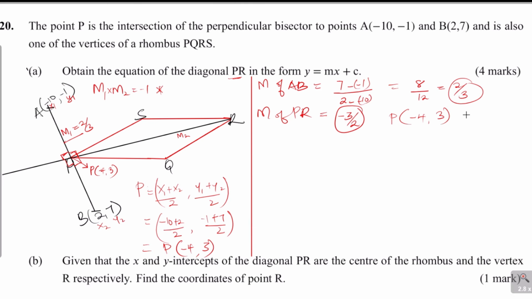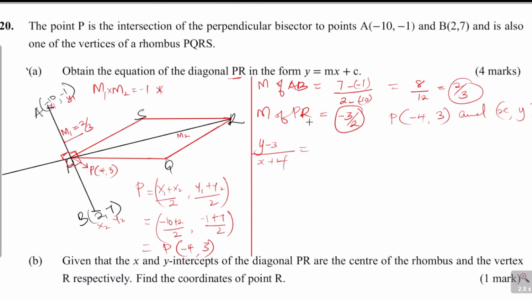We can introduce another general point, xy, in order to get the equation of that line, and we have the gradient there. So using these 2 points, (-4, 3) and (x, y), get the gradient. Gradient is change in y, y subtract 3, divided by change in x, x subtract -4, that will give x plus 4.